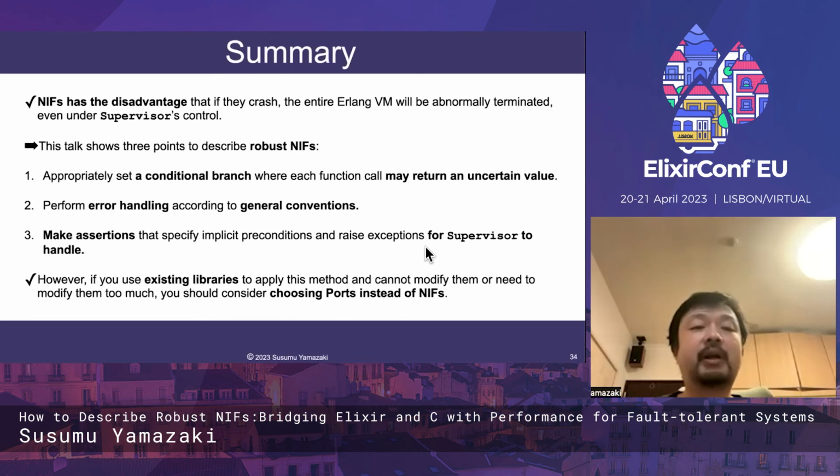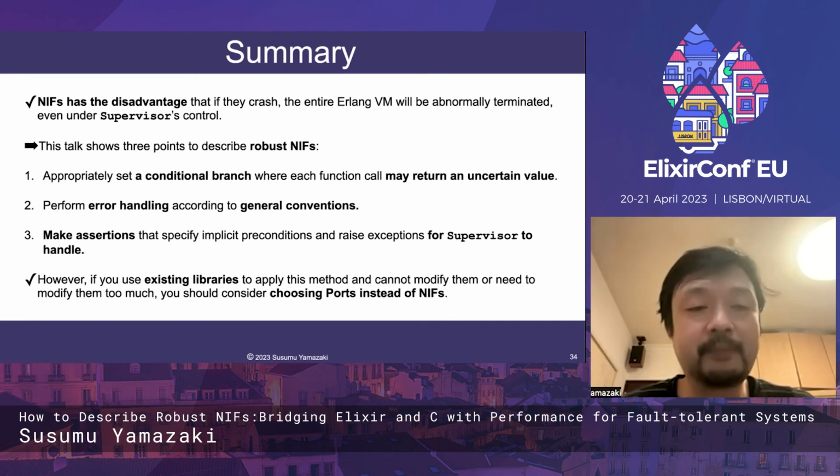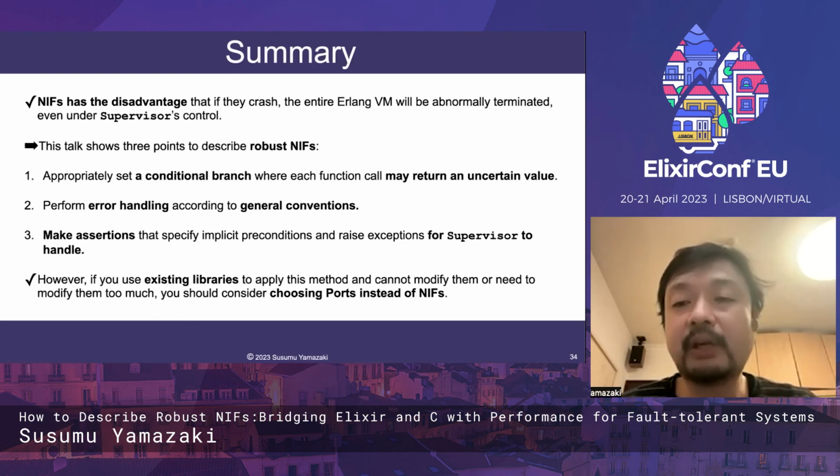Okay, here's the summary. NIFs have the disadvantage that if they crash, the entire VM will abnormally terminate, even under the supervisor's control. This talk shows three points to describe robust NIFs. Appropriately set a conditional branch where each function call may return an uncertain value.